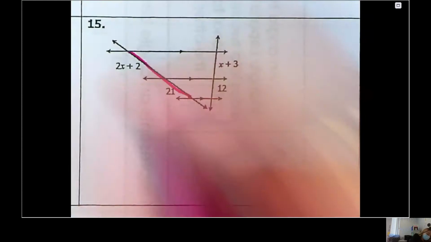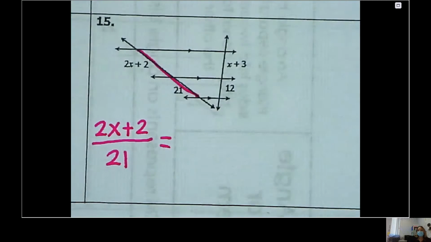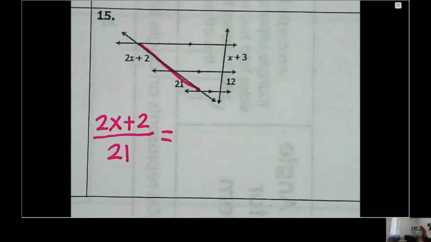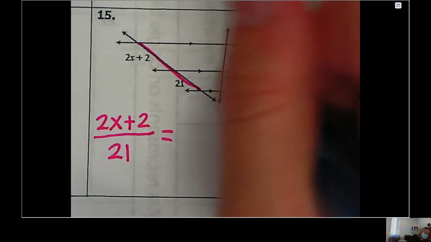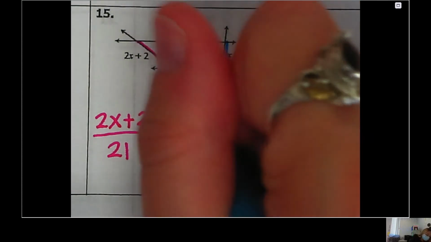Beautiful. This side on the left is 2x plus 2 over 21. Good. If I put it in the same order on the right, what over what? Beautiful. X plus 3 over 12.